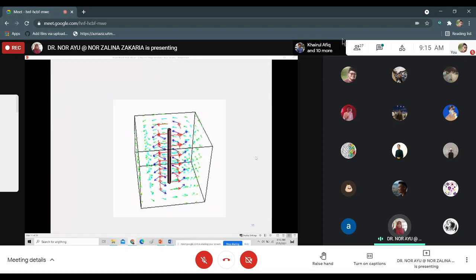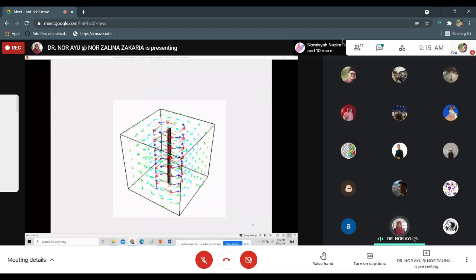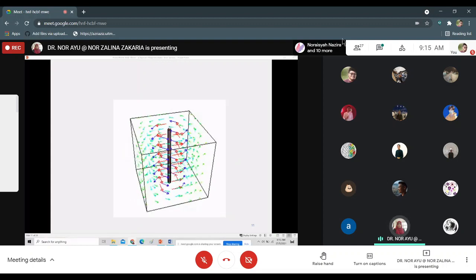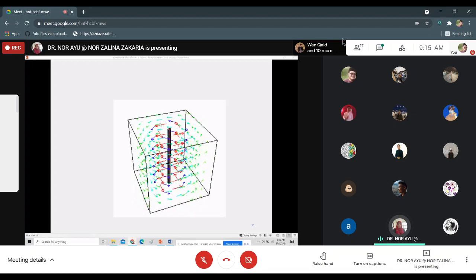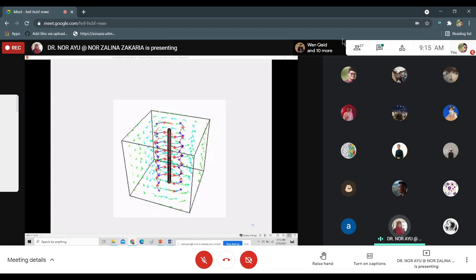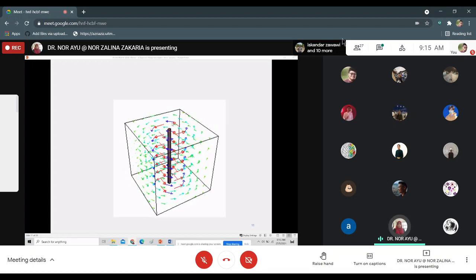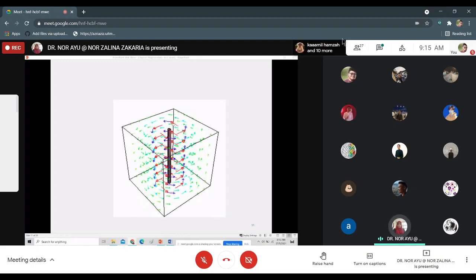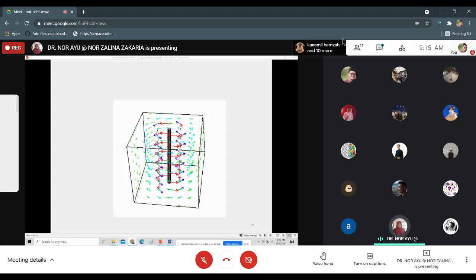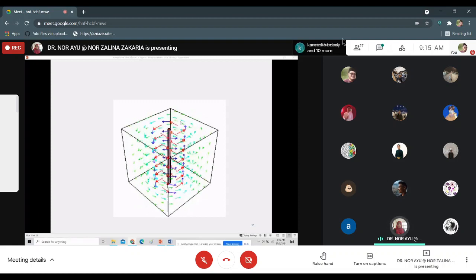Here, let's say this rod over here is a current. You can see the blue and red arrows encircling the rod itself, showing the direction of the magnetic field intensity.